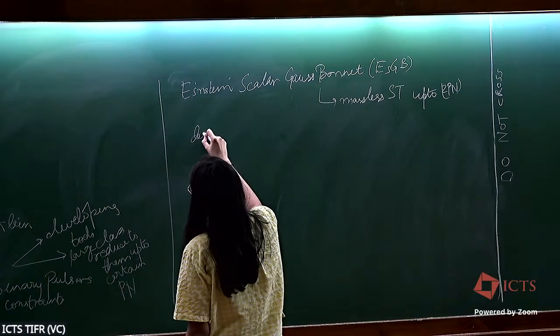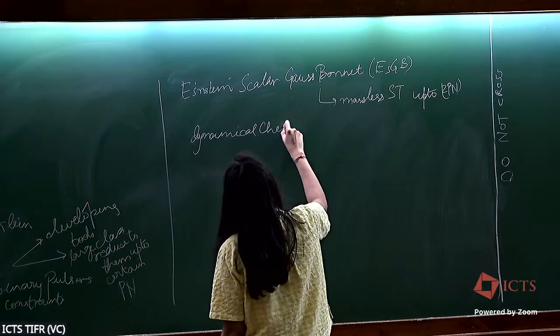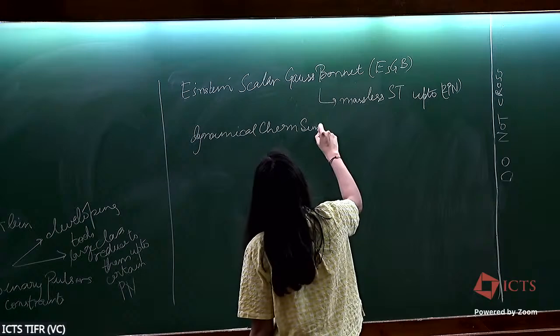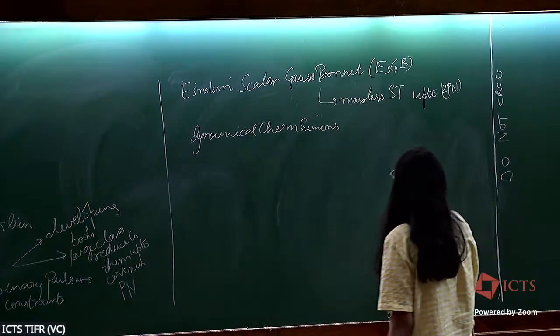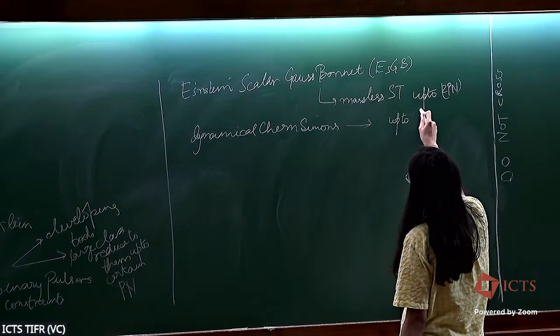Then there are other classes, for example, dynamical Chern-Simons, which reduces to massless scalar tensor up to 5PN.